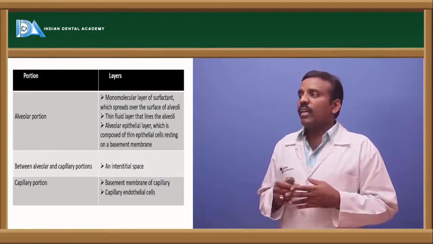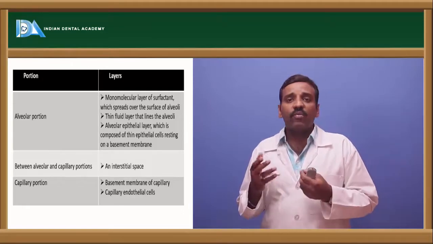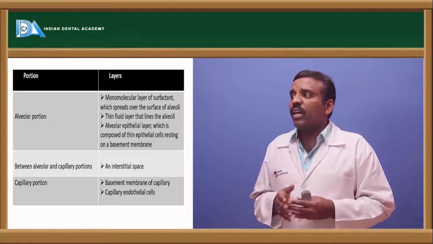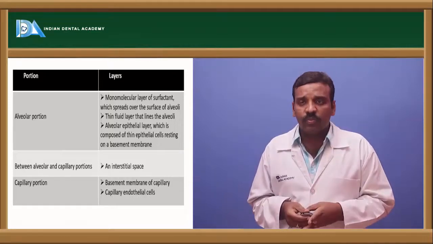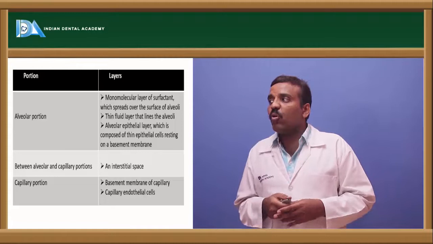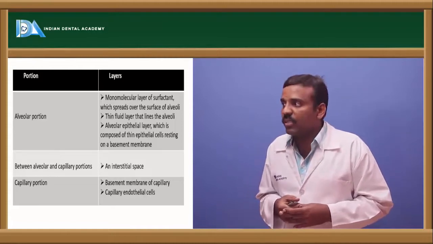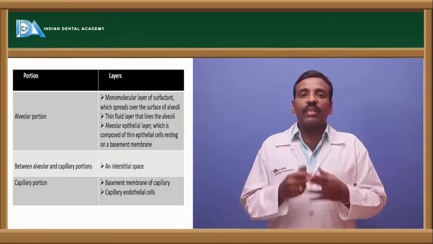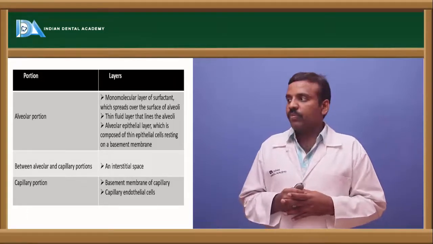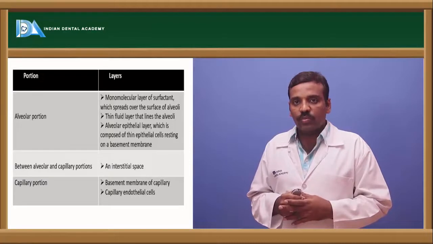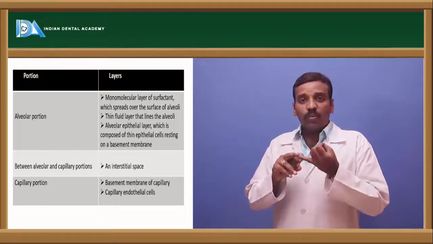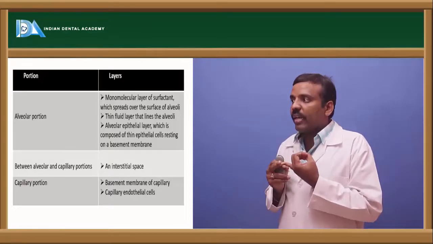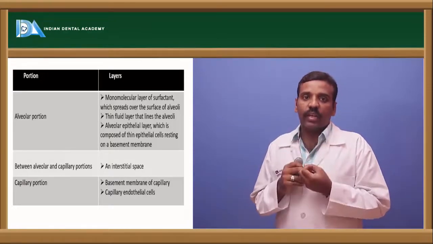Okay, if you see these layers and their functions, in the alveolar portion there is a monomolecular layer of surfactant, a thin fluid layer, and the alveolar epithelial layer.